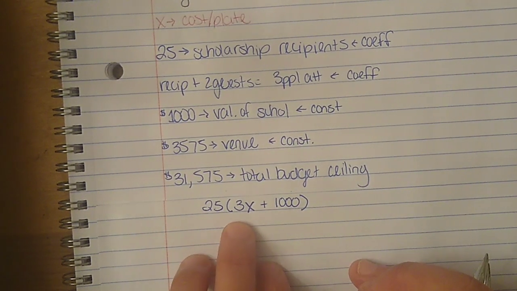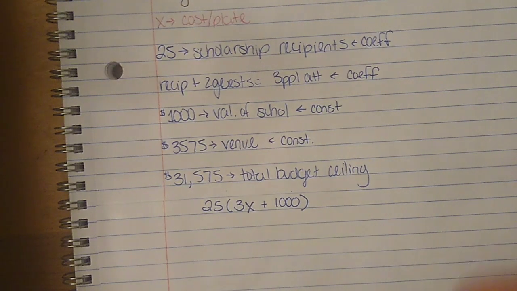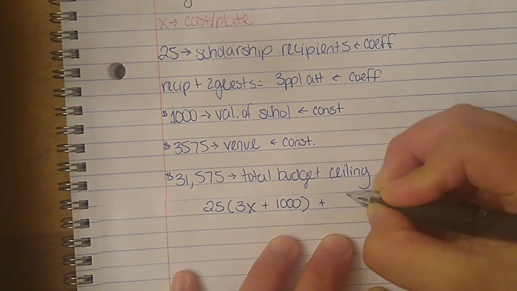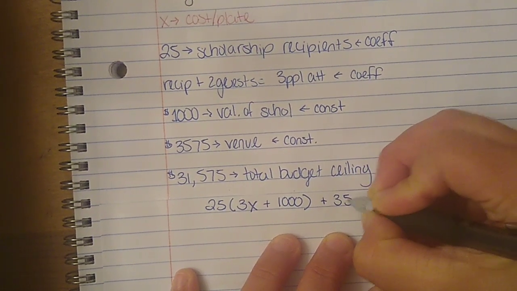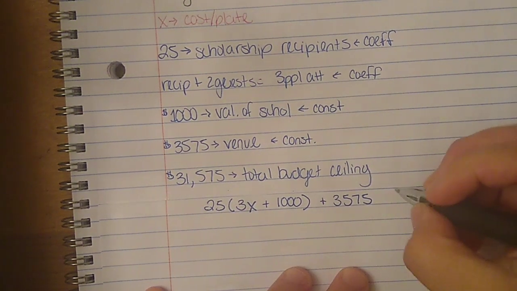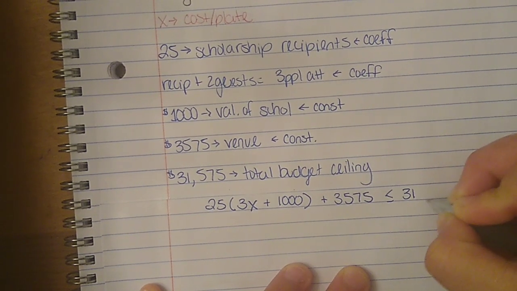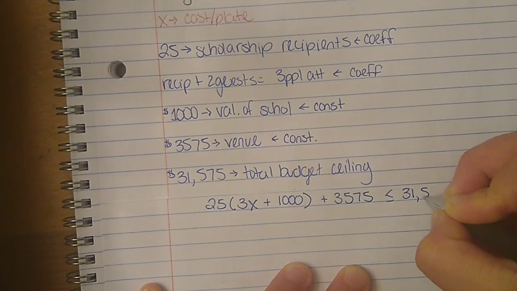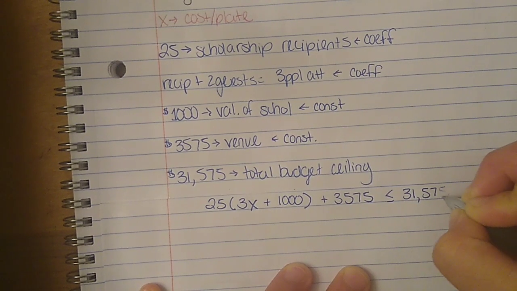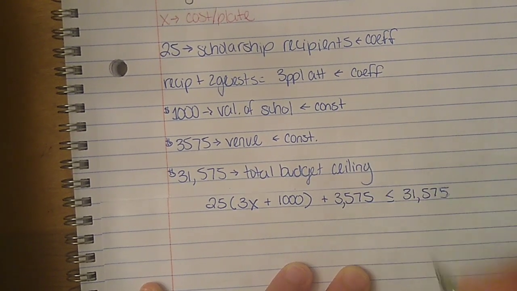So that 25 multiplies the 3 plates and the $1,000 to help us figure out our budget. And in addition to this cost, there's a $3,575 cost for the venue, a one-time payment, and all this needs to be less than or equal to our target budget of $31,575. So now we can go through and solve it.